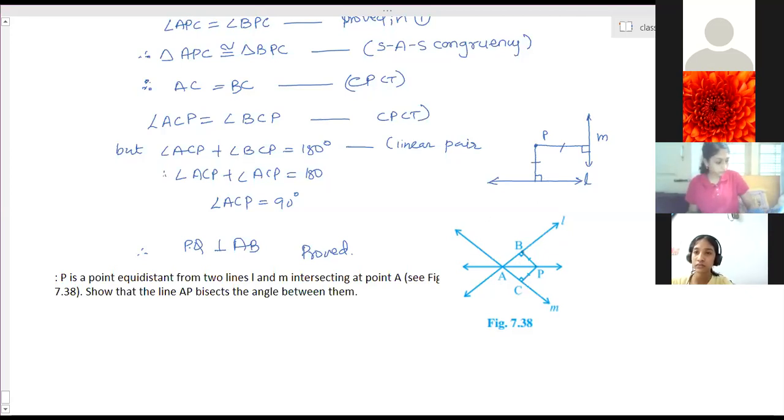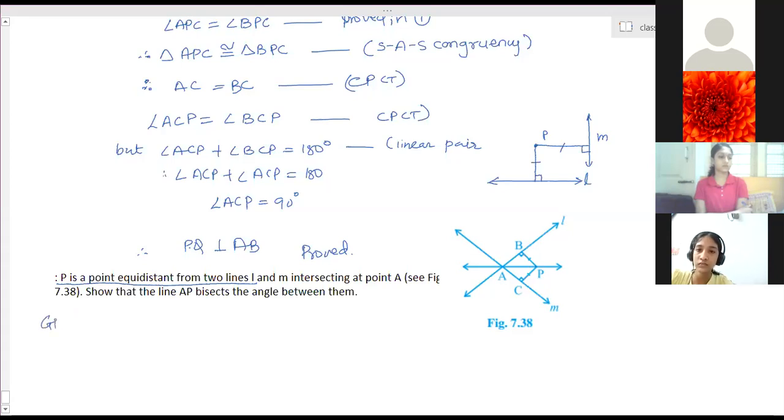Remember this, they have not given this. This is our understanding from the figure. If the diagram is not given, you need to understand the meaning of that line. So this line is telling PB is perpendicular to L, PC is perpendicular to M. We have taken this because we have to show that P is equidistant from lines L and M.